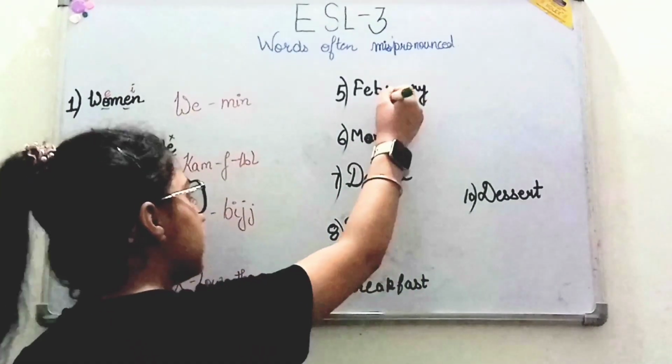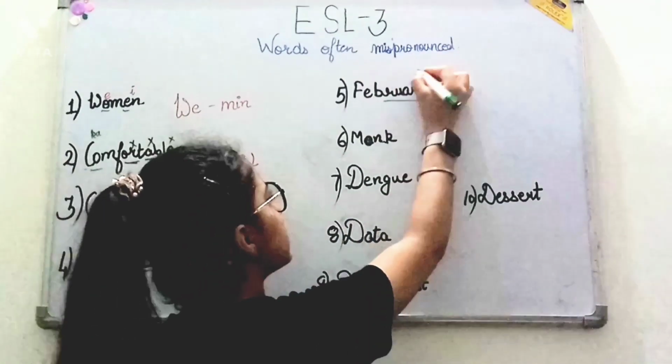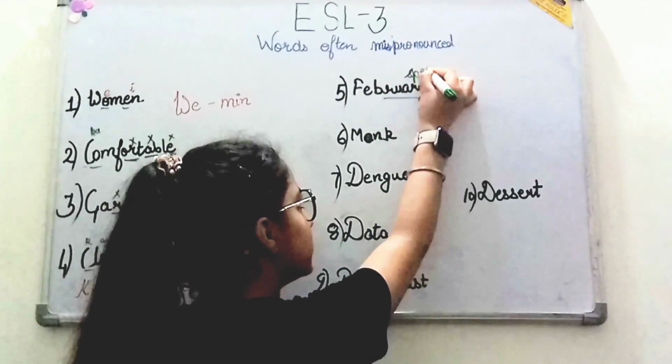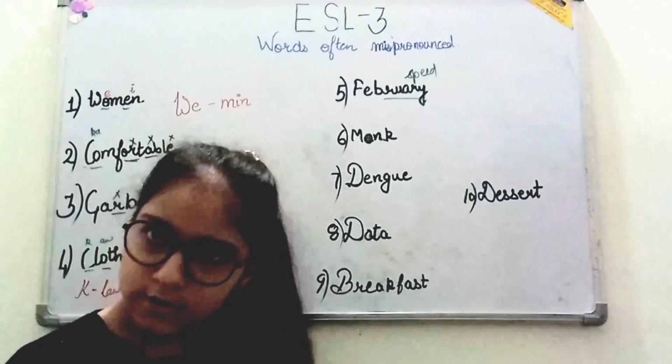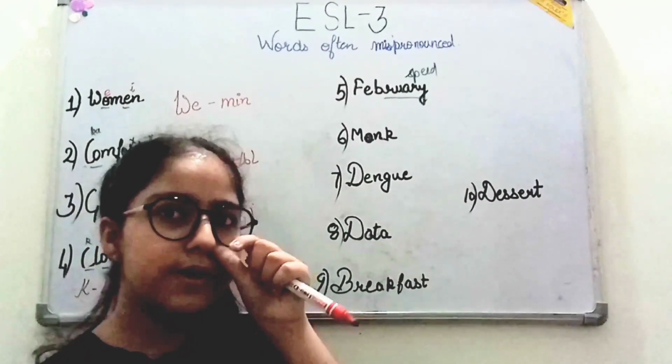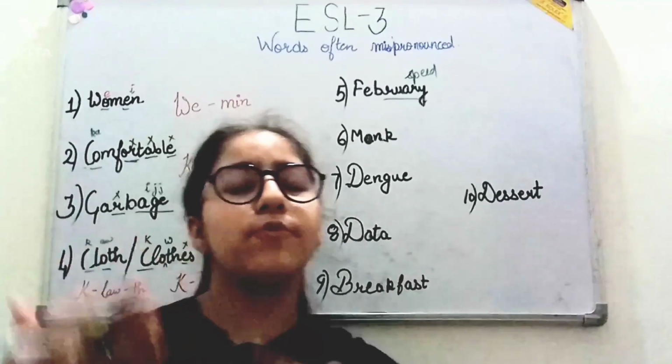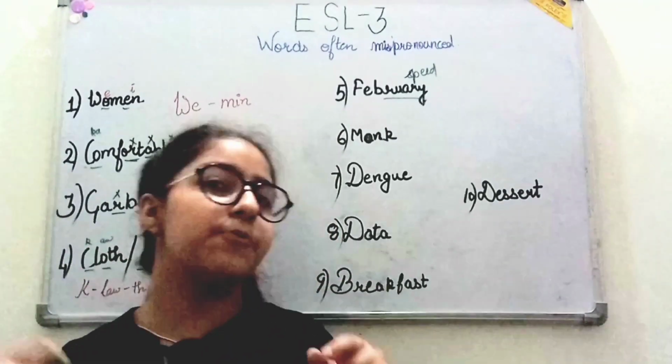So here the Ruary will be pronounced quickly. So it's February, but spoken in speed.